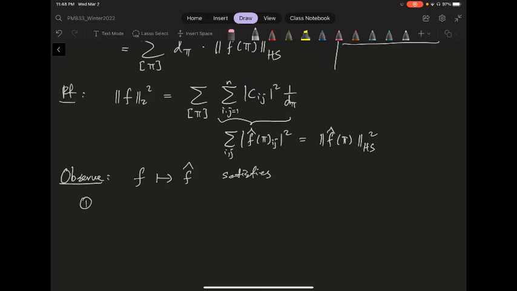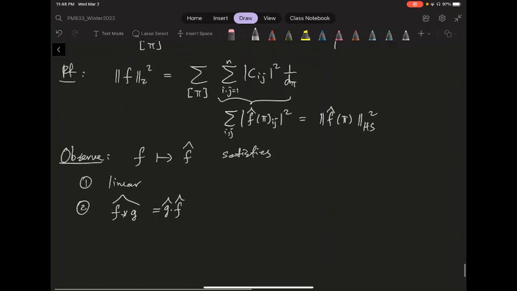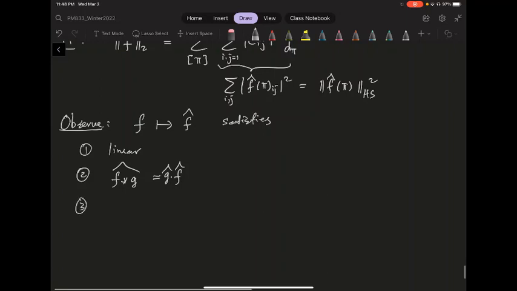First of all, it is linear. Second, it respects the convolution structure: if you convolve, you essentially get g hat times f hat, the matrix product. And if you do the involution, then evaluating at pi, that's essentially just the complex conjugate.